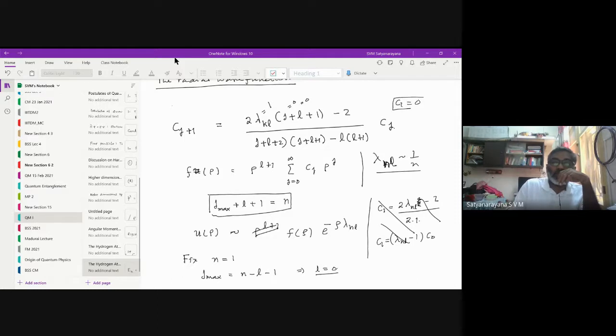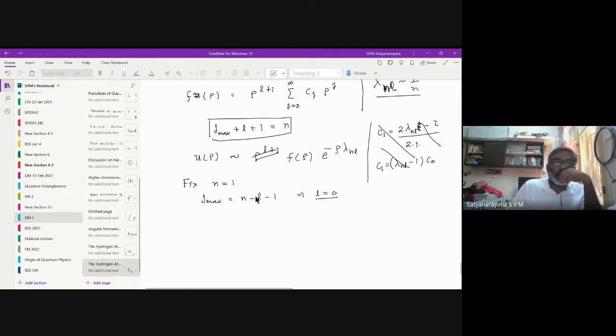So what remains is just C0. So the wave function corresponding to, let's say, u10 of rho is equal to rho to the power l plus 1, right?